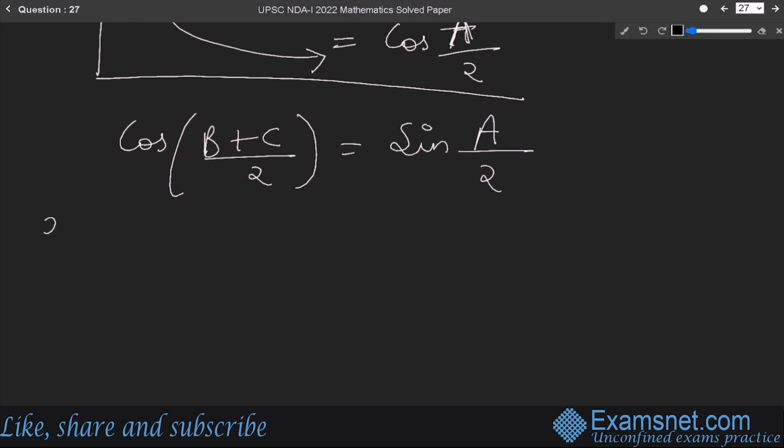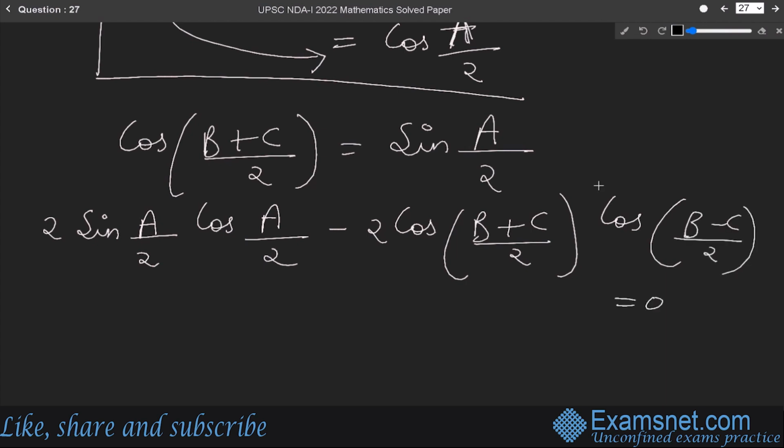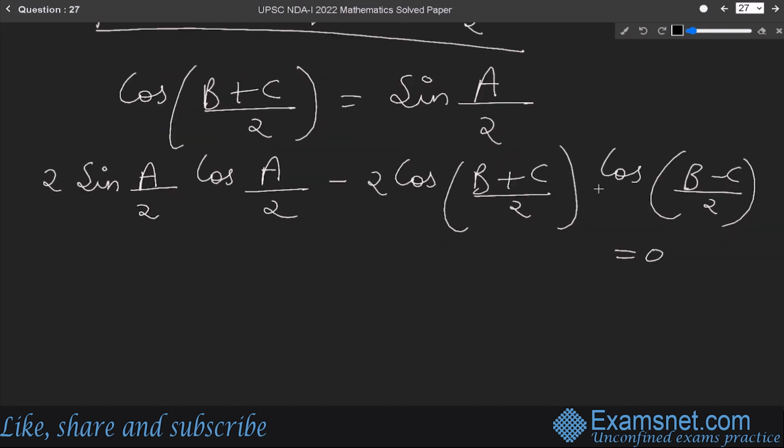So our last step was 2 sin(A/2) cos(A/2) minus 2 cos((B+C)/2) cos((B-C)/2) is equal to 0. Now replacing the value of cos((B+C)/2), which is equal to sin(A/2).